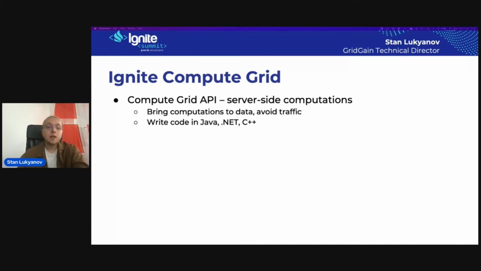In Apache Ignite, you can save this unnecessary network traffic by bringing your computations to the servers. You don't need as many resources then on the application because the server grid is what will be used to run the computations. And you don't need to transfer the data, which is a great boost to your application performance.